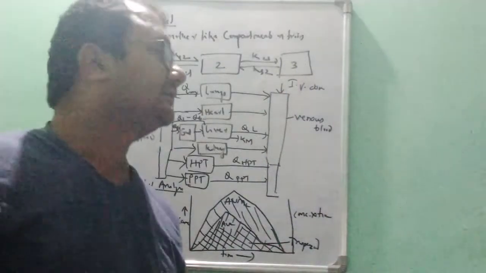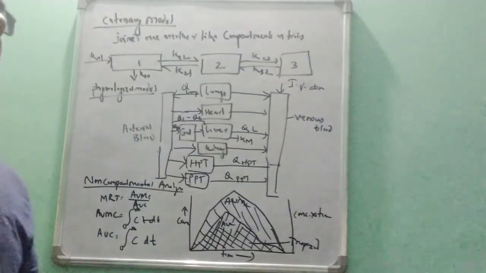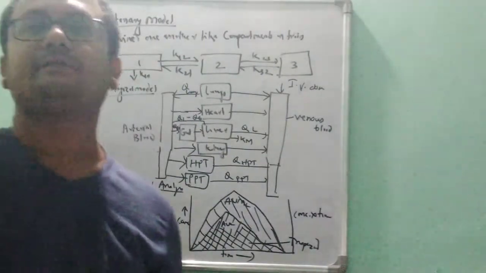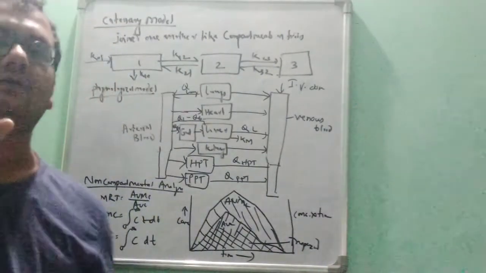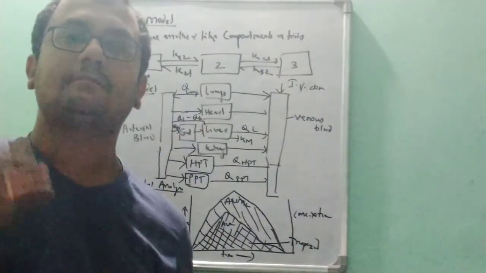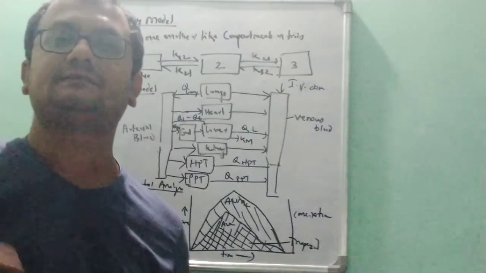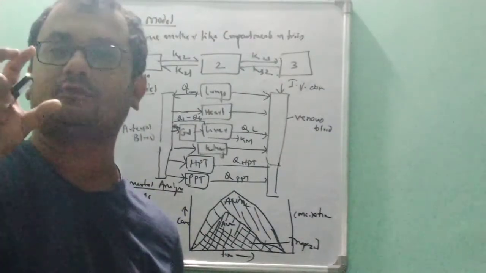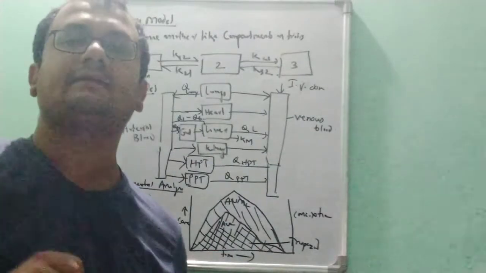Good morning students. We have previously discussed the mammillary model, in which I told you different compartments are joined with each other parallelly like satellites, and one will be a central compartment, the others peripheral compartments.